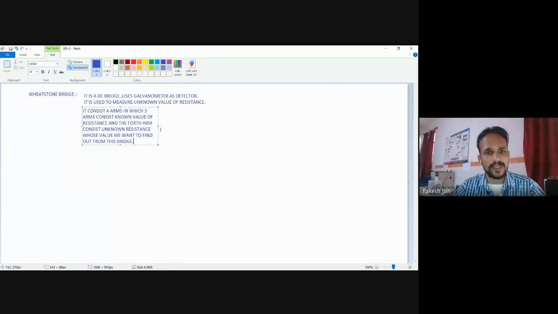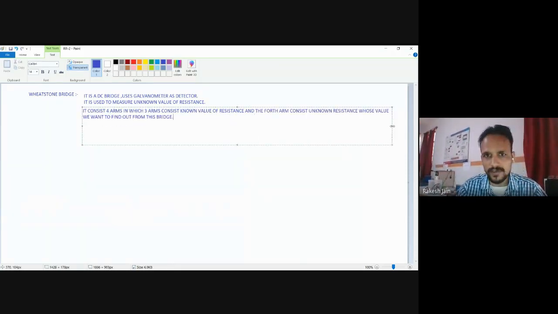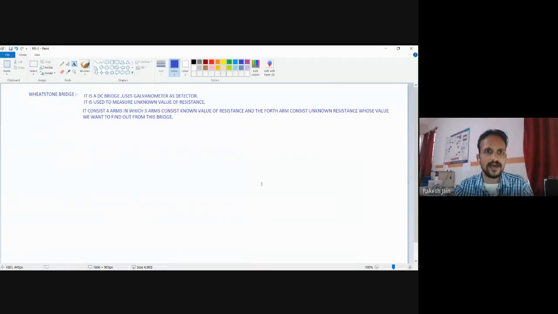So three arms have known values of resistance, and the fourth arm is used to connect the unknown value of resistance, so that we will find out the value of that resistance with the help of this Wheatstone bridge.